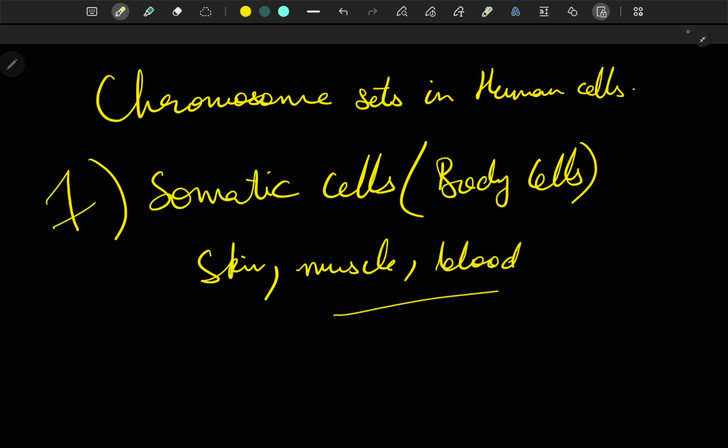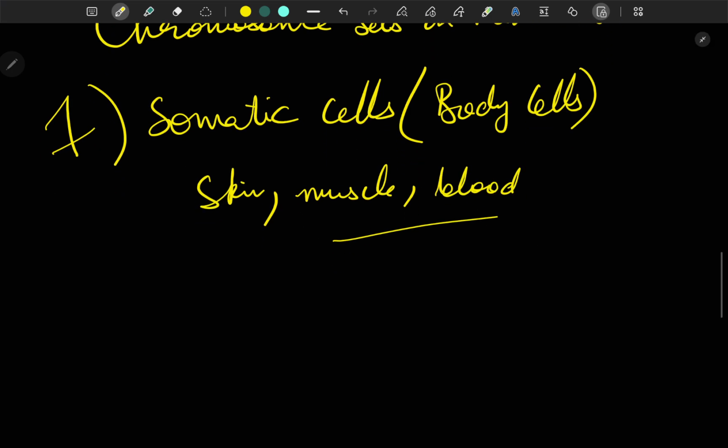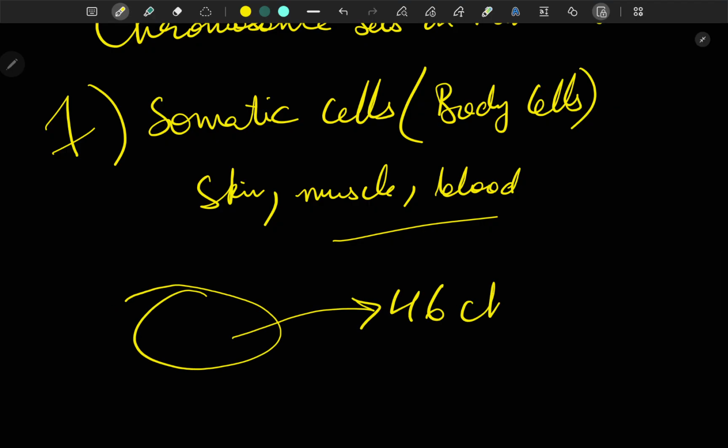These are known as somatic cells. Now listen carefully: each somatic cell has 46 chromosomes.